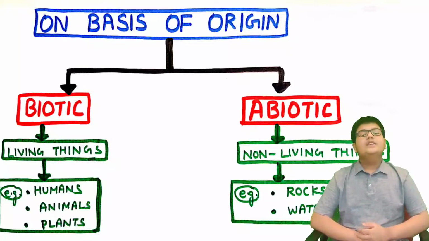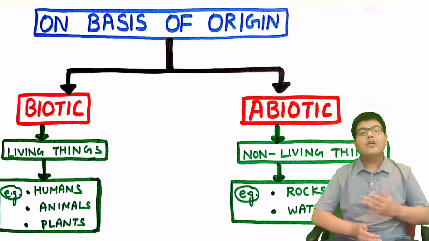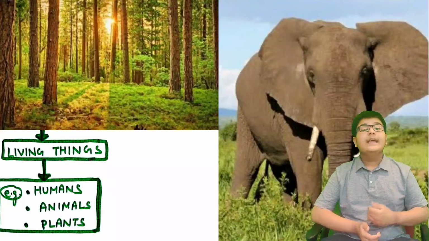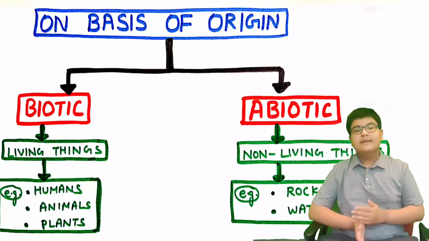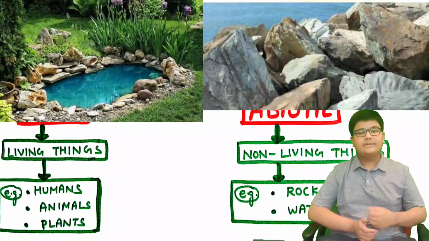Biotic resources, as the name suggests, are the living things. For example, humans, animals, plants. Abiotic resources are the non-living things. For example, rocks, water, air, etc.